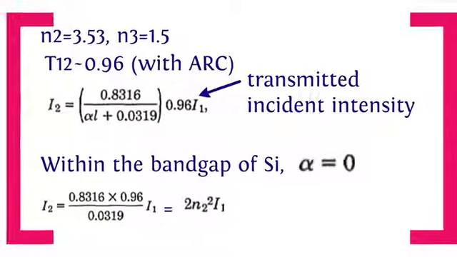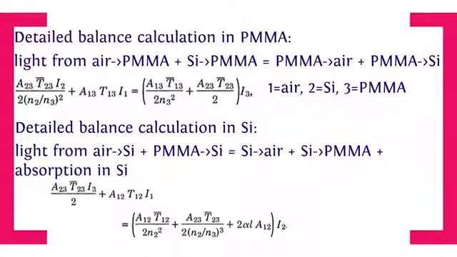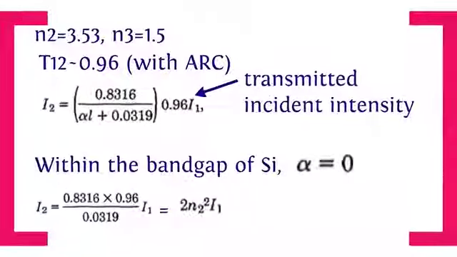Actually, before we do that, here we're going to throw in some numbers to look at I2, which is the intensity inside silicon. So the 2 refers to silicon. The refractive index of silicon is 3.53. N3 is PMMA.